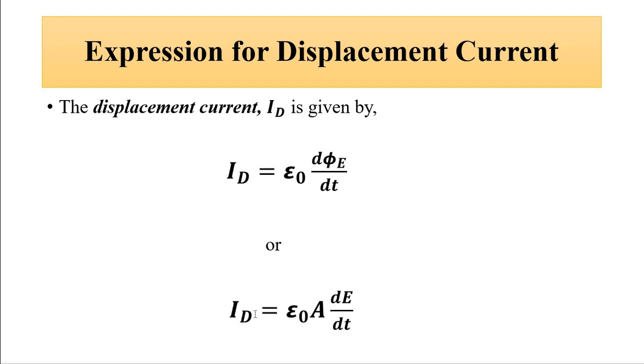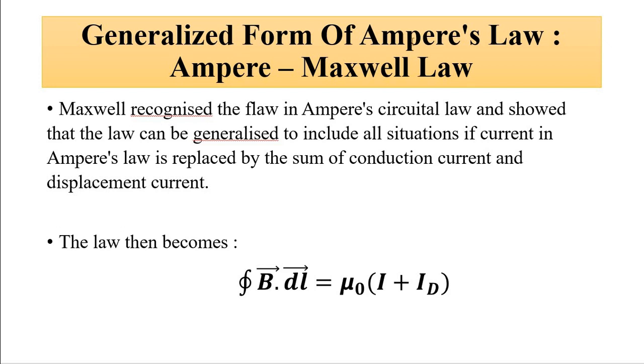Or alternatively, we can also express it as epsilon 0 A dE by dt, which involves the rate of change of electric field with respect to time. This was the expression given for displacement current, and this was the modified form of Ampere's circuital law, which can also be called the Ampere-Maxwell law.